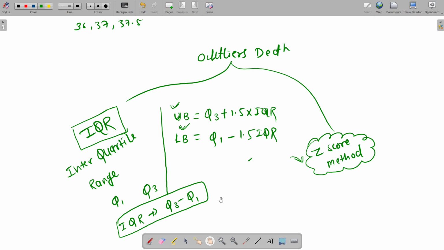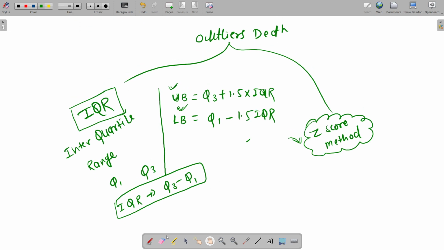For the calculation of outliers we will use the IQR, interquartile range method. Don't worry if the name sounds very difficult. By the end of this class you will be able to solve any IQR question.